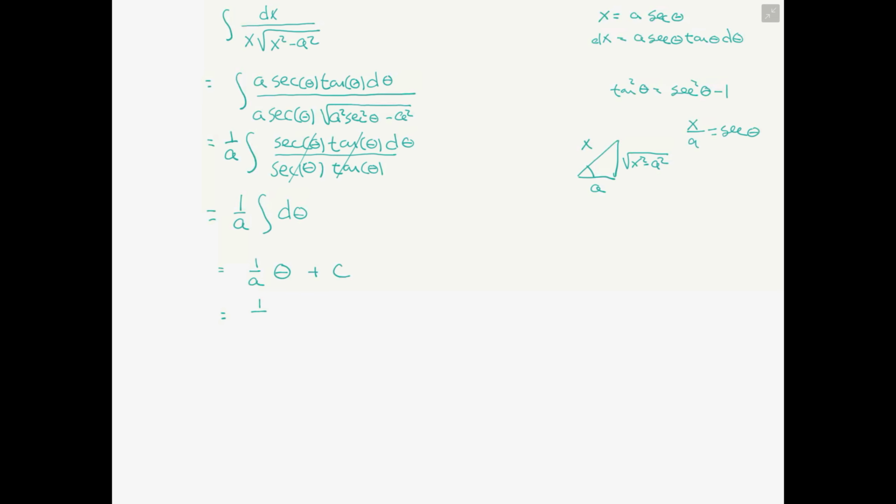And that's our solution. It was really quite simple, even though it looked like it was going to be a bear.